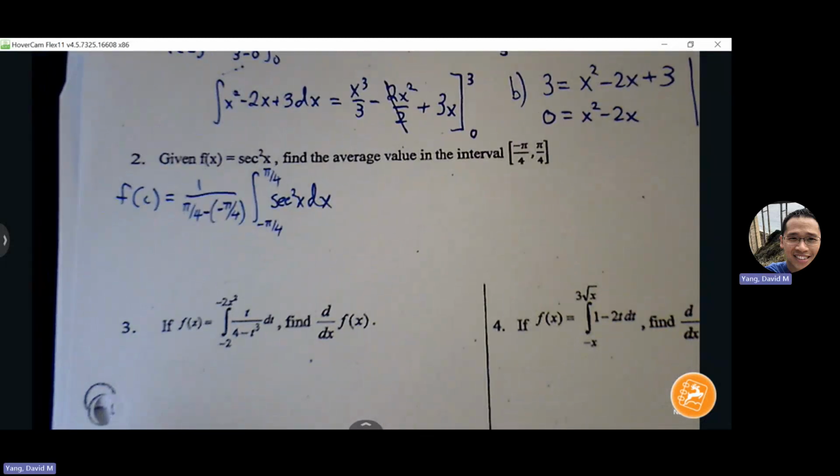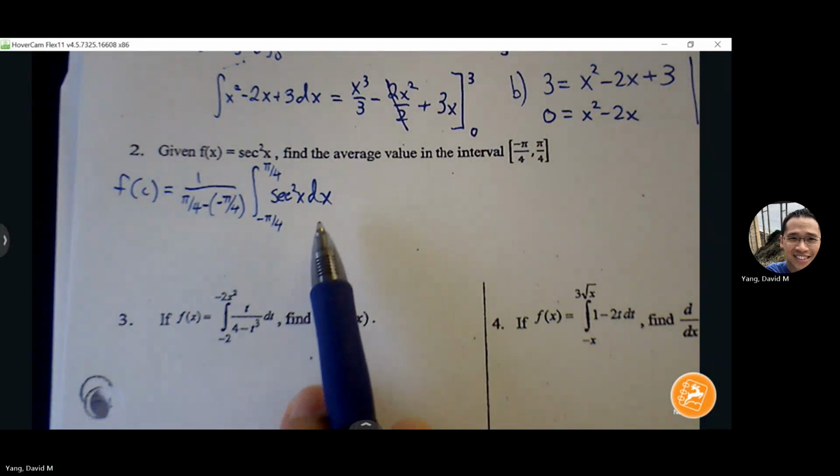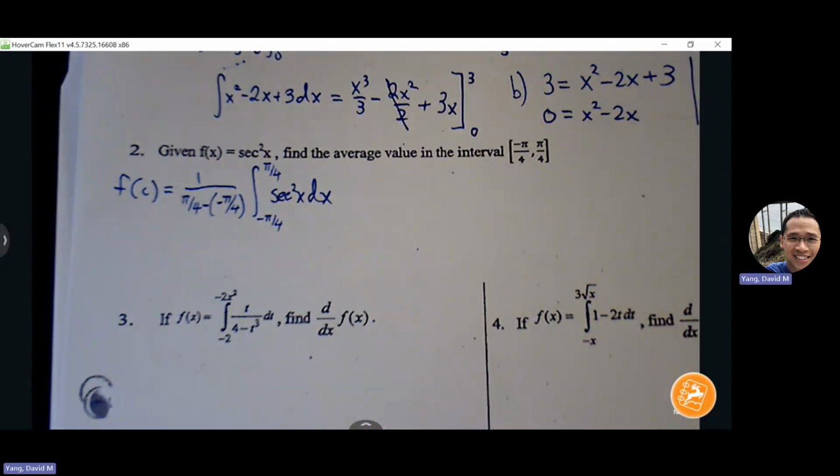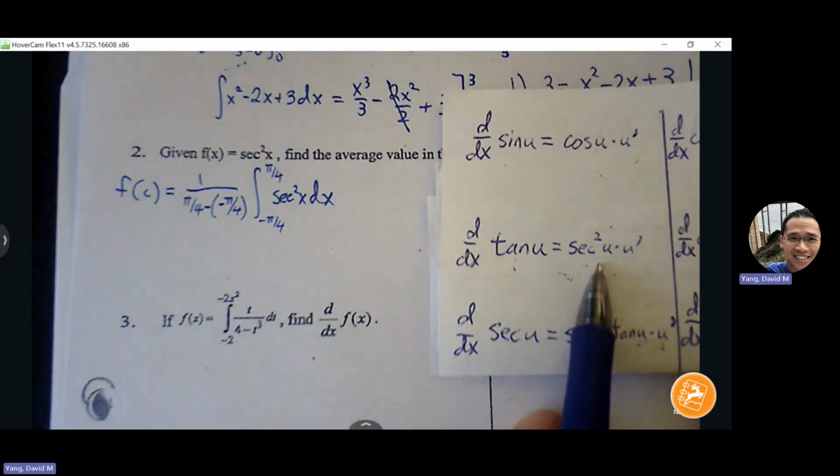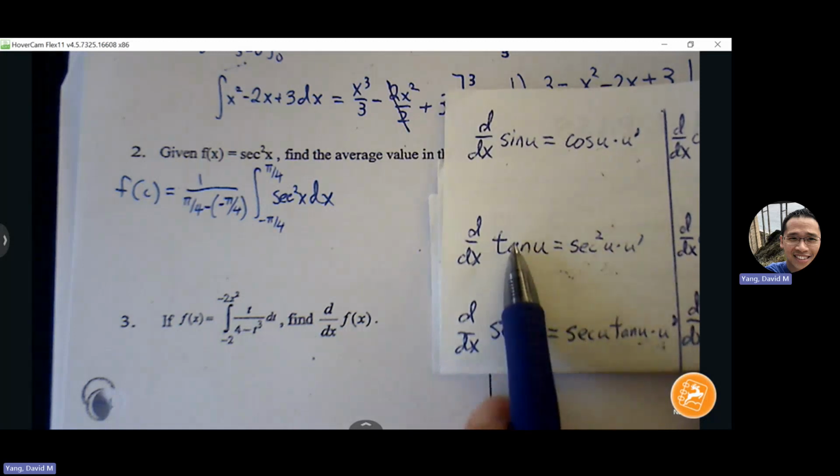All right, what can we do first here? Yeah, find the antiderivative, right? So what's the antiderivative of secant squared? Tangent. Yeah, we know that tangent's derivative is secant squared. So if I go backwards, the antiderivative of secant squared brings me back to tangent.